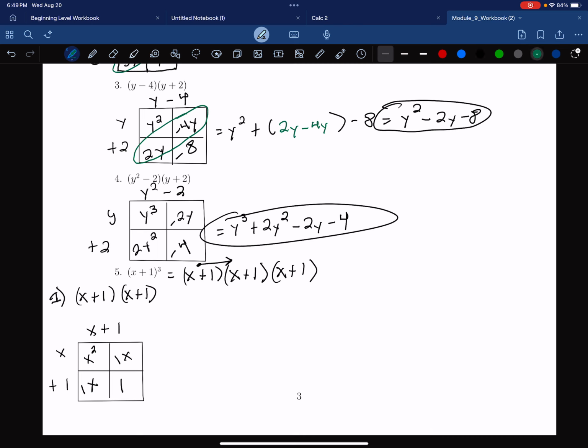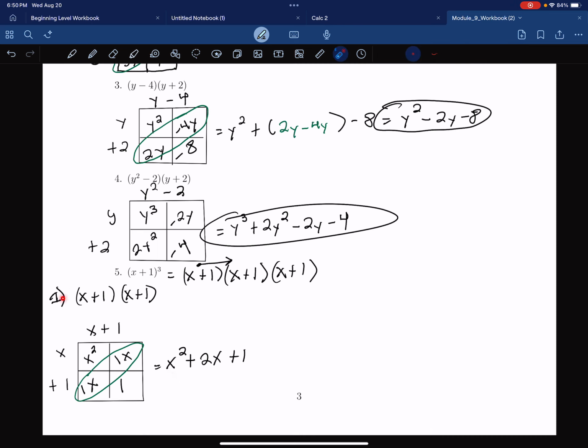So let's combine our like terms. So we have a 1x and a 1x, and we can combine them. So we have x squared plus, well, 1x plus 1x, that's going to be 2x. And then we have that 1 on the bottom. So we now have this polynomial.